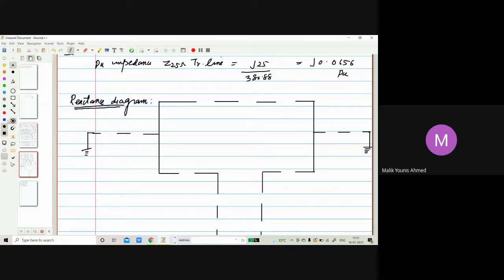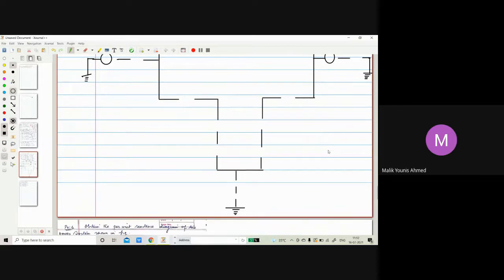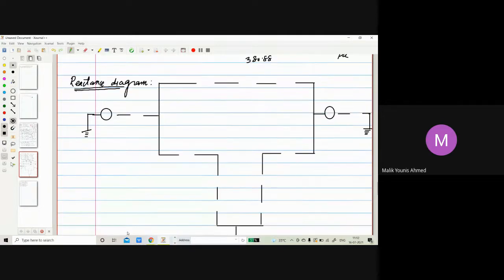I will be drawing that voltage source here. Here also I have to draw the voltage source. For generator 2 I have to draw a voltage source here. Okay, voltage sources are finished. This is G1, the voltage of G1.